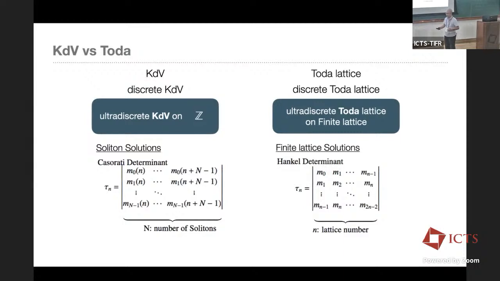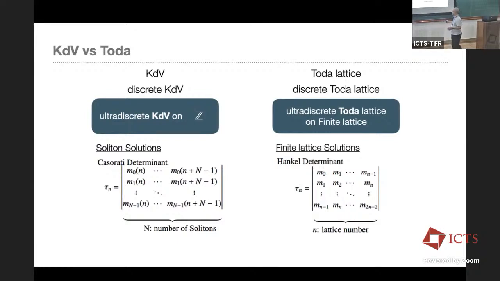Of course, there are several expressions for soliton solutions, but the most famous one is in terms of the Casoratian determinant. In this case, the determinant size corresponds to how many solitons appear in the initial setting. So it means that the soliton number will not change during the time evolution, and the size of the Casoratian determinant will not change.